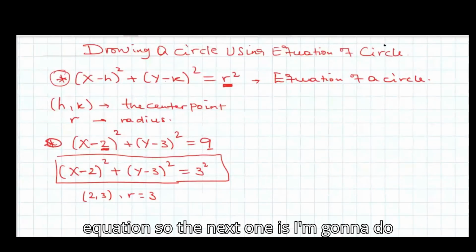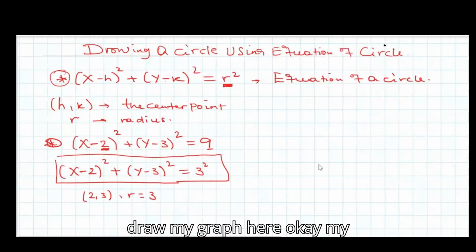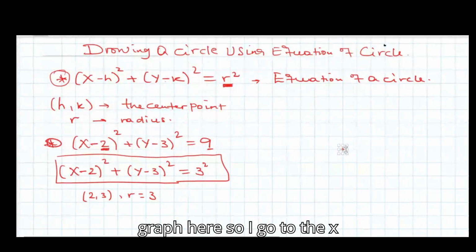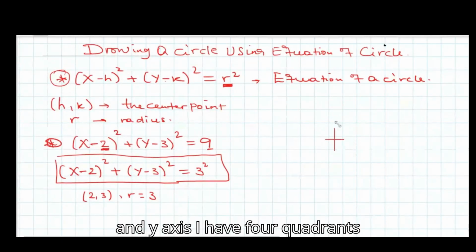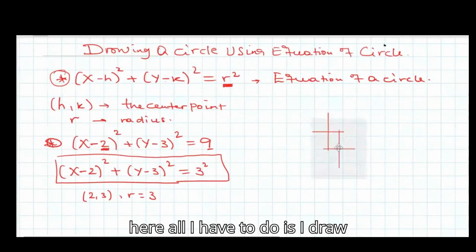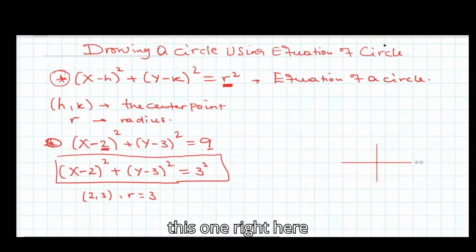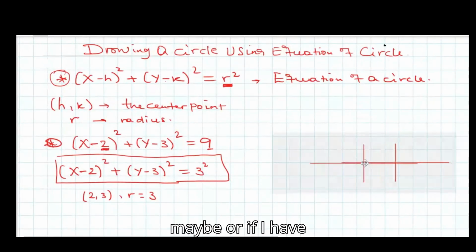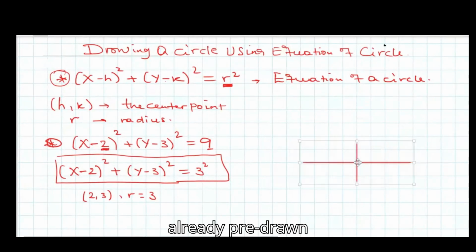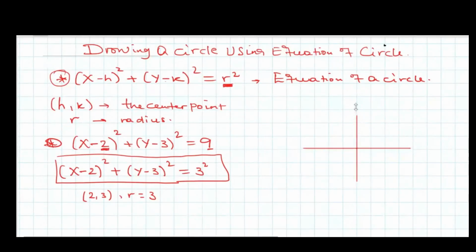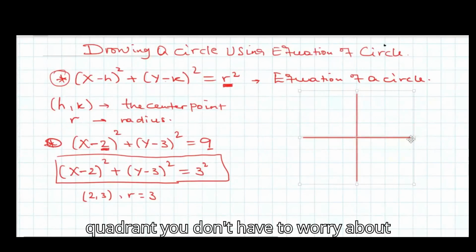Next I'm going to draw my graph here. I go to the x and y axis, and I have 4 quadrants. If I have pre-drawn quadrants, I don't have to worry about that.